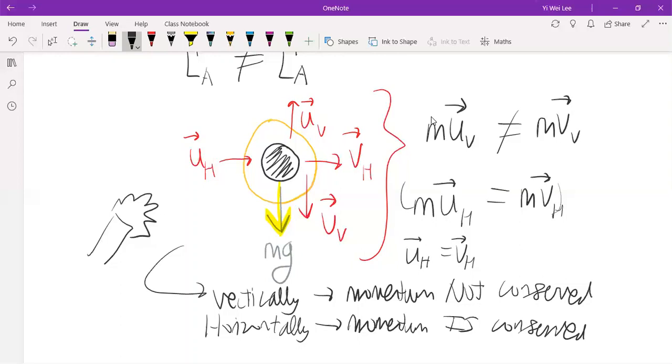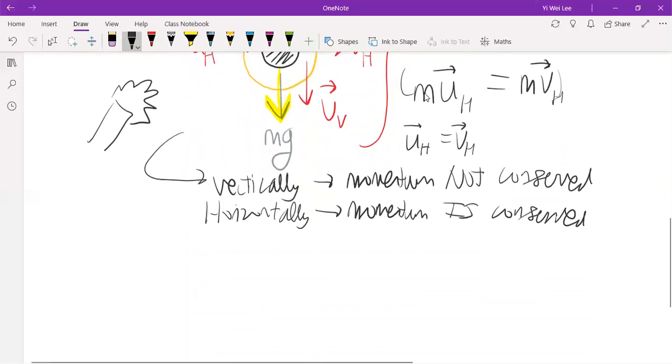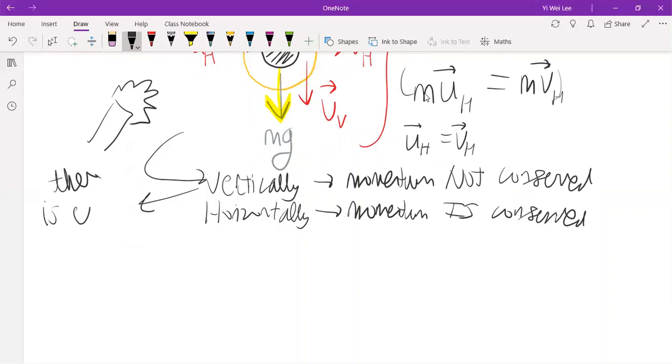Because vertically, there is an external force, in other words, the weight.